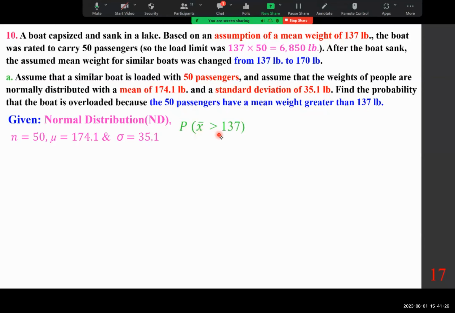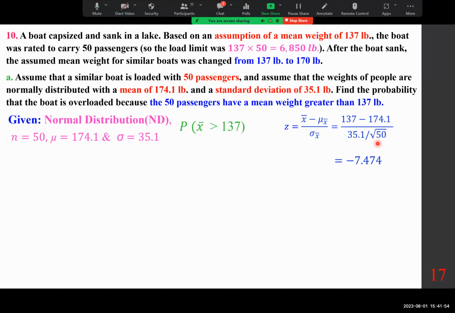So to go to the Z-score, we use the formula Z is X bar minus mu of X bar over sigma of X bar. So 137 minus 174.1 over 35.1 over the square root of 50, according to this formula. Again, remember, mu of X bar and mu are the same. Sigma of X bar is sigma over square root of n.